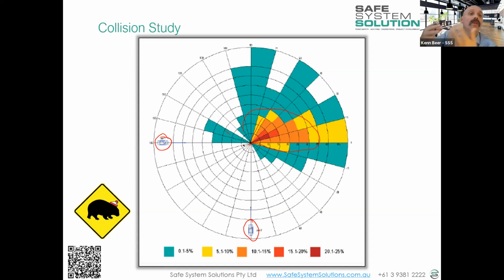They've lost control and they run off the road. So when you're analysing intersections within a safe system assessment, you're likely to put your score for runoff road crashes up a little bit, as in increase the risk of runoff road crashes around intersections.